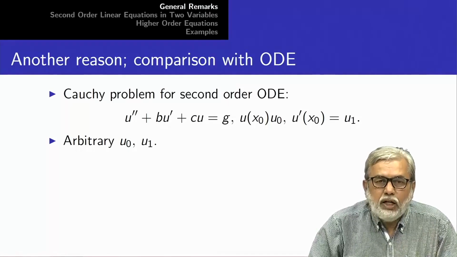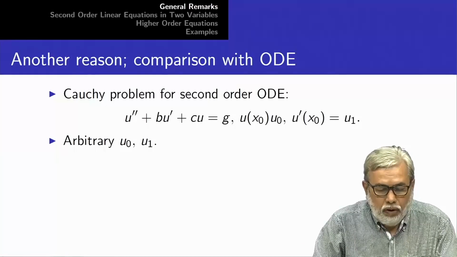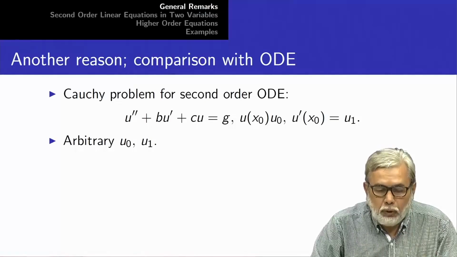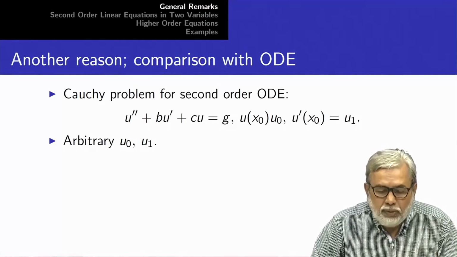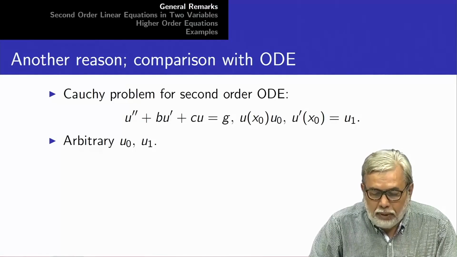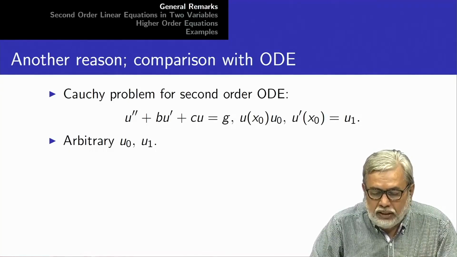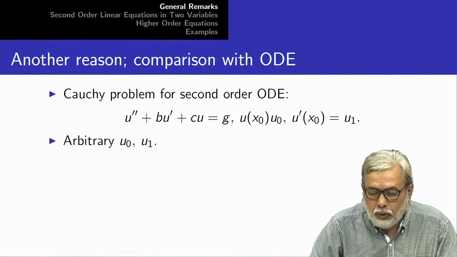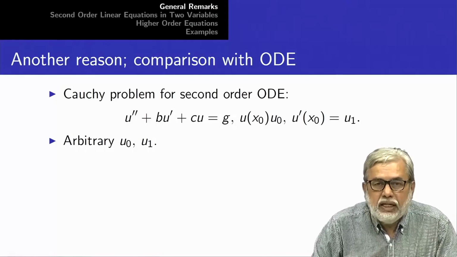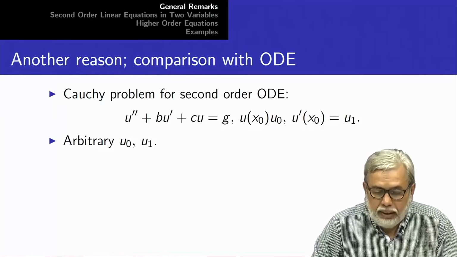So, for a second order ODE, u double prime plus b u prime plus u equal to g in an interval on the real line, we prescribe two initial conditions: u(x0) equal to u0, and u prime (x0) equal to u1.